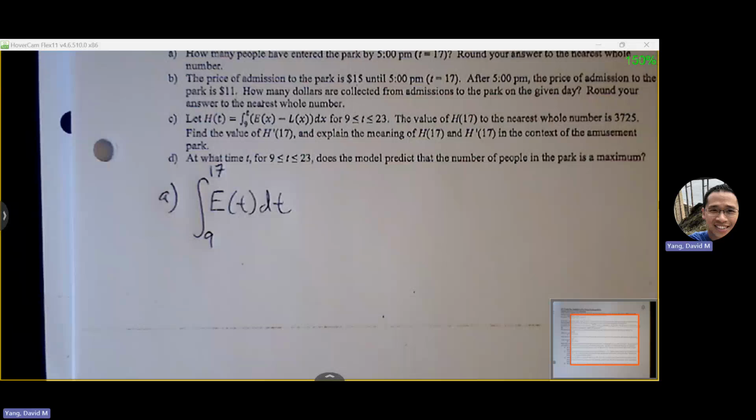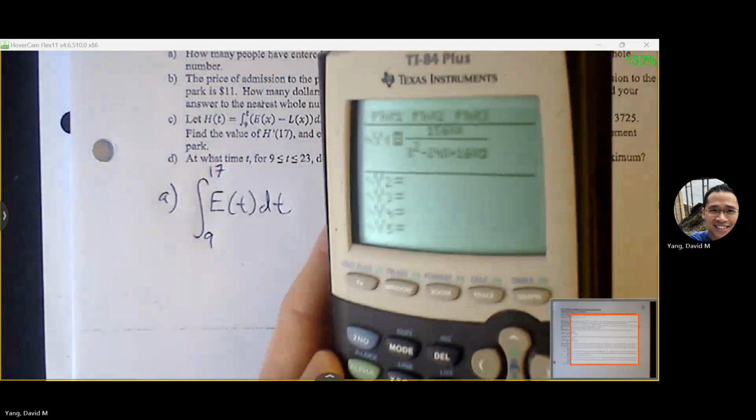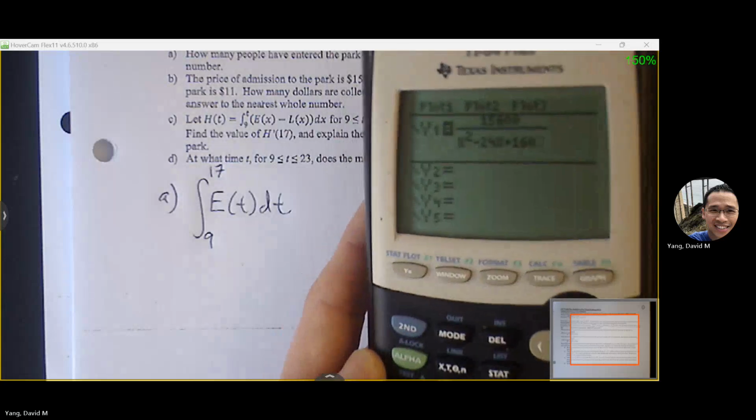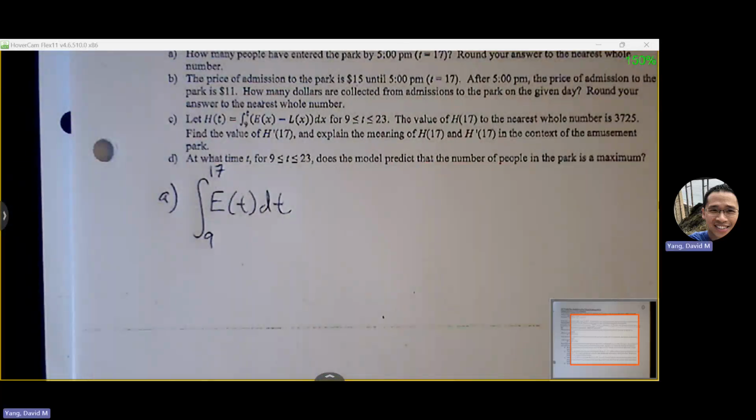And then you'll do 15,600 over, and you're using x, right? You always use x, even on paper, they're giving you a different variable to indicate. Okay, go back to your home screen, math 9, integral from 9 to 17, alpha trace y1.